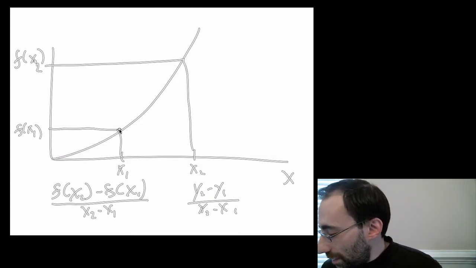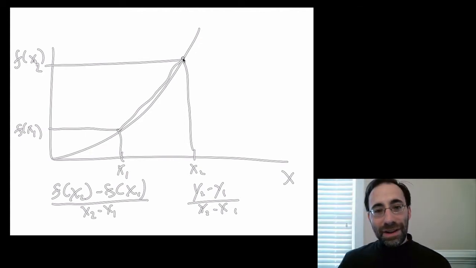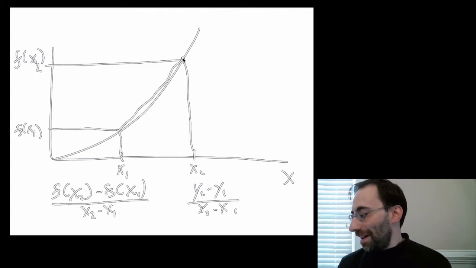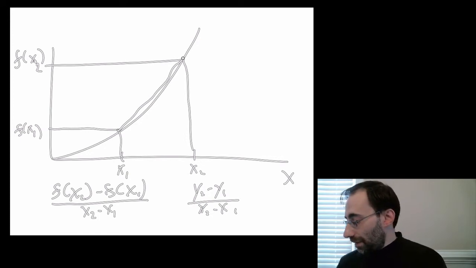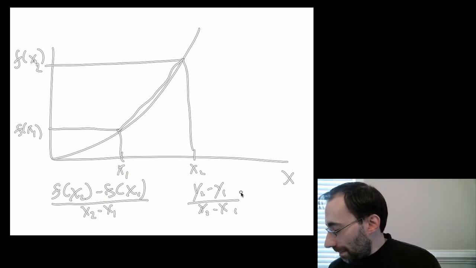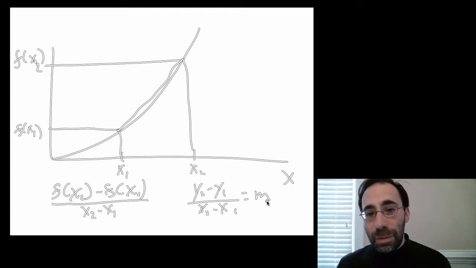And I'm going to draw a horrible line. It's even harder to draw a line on a tablet than it is on a whiteboard. Okay, that's supposed to be a straight line. But that's the line drawing those 2 points. This thing over here, often called m, is the slope of a line joining 2 points.